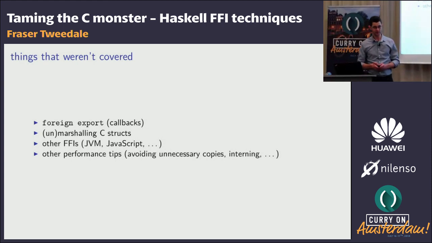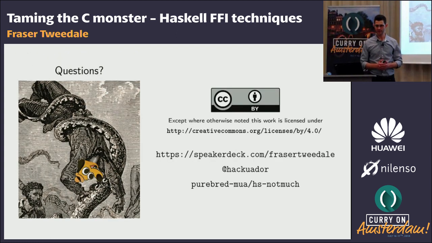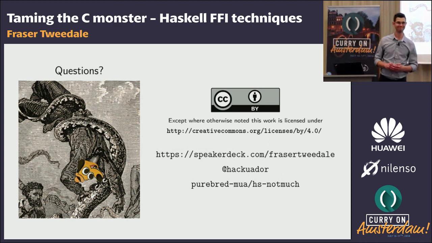We didn't talk about other foreign function interfaces for Haskell, for example, the JVM FFI in ETA or JavaScript in GHCJS. And there are some other potential performance optimizations like interning and so on that I did not cover. And with that, I hope there's time for a couple of questions.